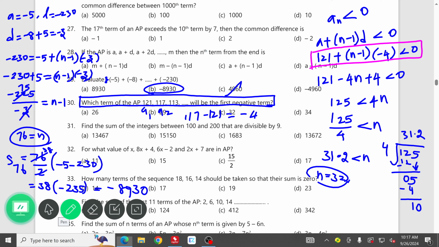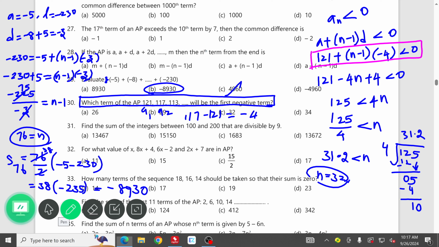Suppose you are cancelling like that. See, minus, sir, multiplied by minus 4. I am sending it to the opposite side, sir, later I am dividing, sir. You should not do it with a negative number like that. When we have a negative number, we should remove the negative later only. In addition and subtraction you can do it, like 2n minus 1 less than 1, minus 1 sent opposite becomes plus 1.